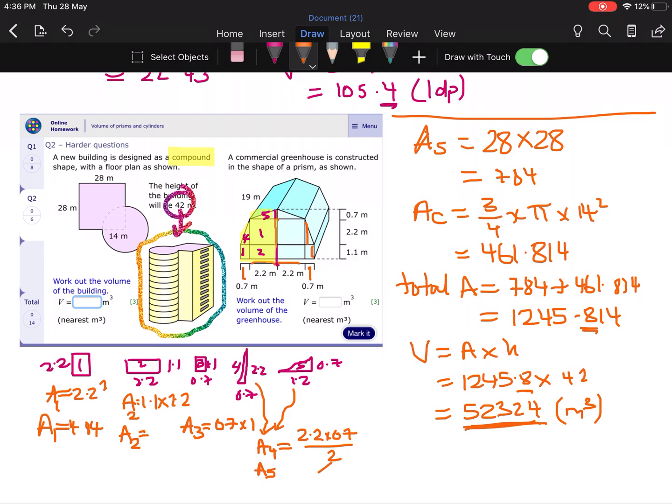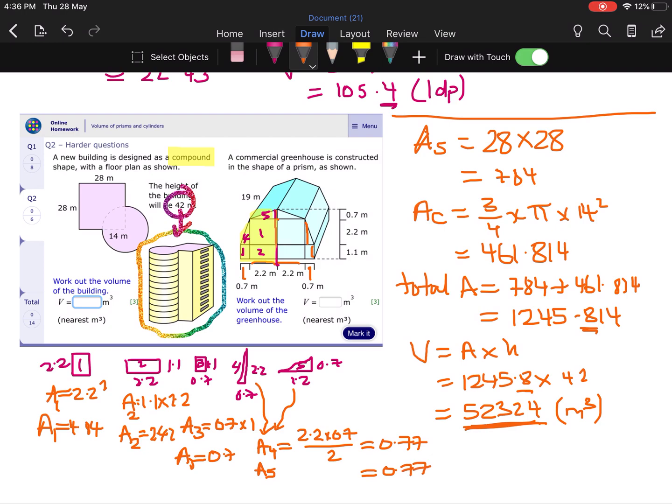Then the area of 3, well, that's easy because you're just timesing by 1.1, so it gives you 0.77. And then last but not least, I've got 2 of these, which is 2.2 times 0.7 divided by 2. So 0.77 and 0.77, because there's 2 of them which are the same.